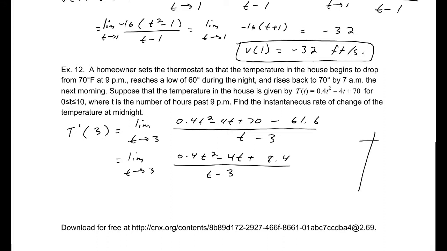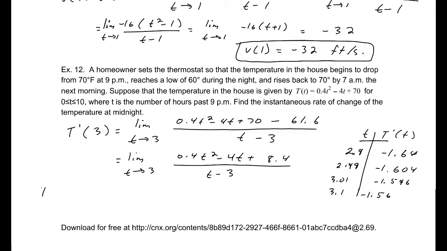Then 2.99 is negative 1.604. 3.1 is negative 1.56, and I'm going to do 3.01 as well, which is negative 1.596. So it appears, based on inspection, that the instantaneous rate of change of the temperature at that point is negative 1.6 degrees Fahrenheit per hour.